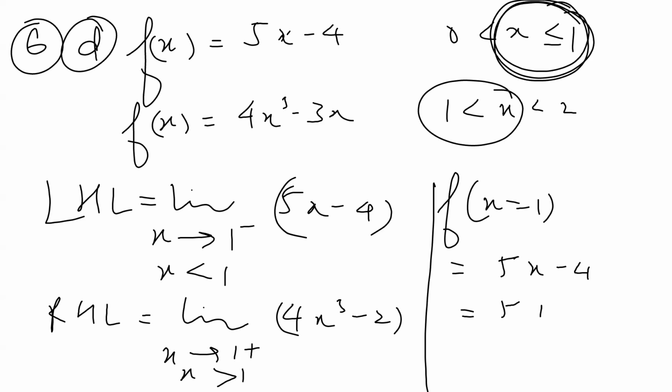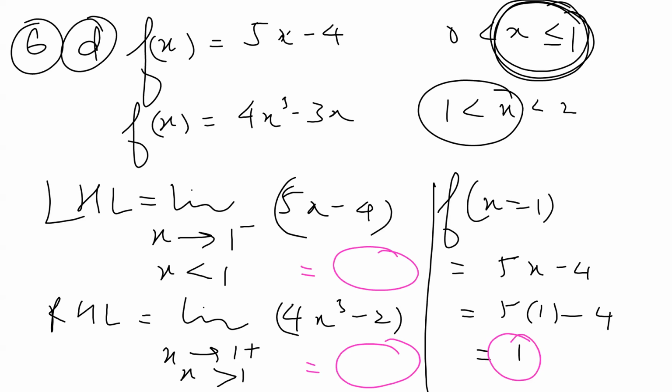Here there is no limit. Just put the value of x as 1. So you calculate the LHL value, the RHL value, and this value. All three should be the same. If they are the same, then the function is continuous at x equal to 1. If not, the function is discontinuous at x equal to 1.